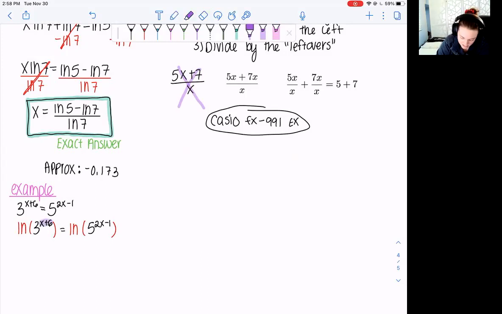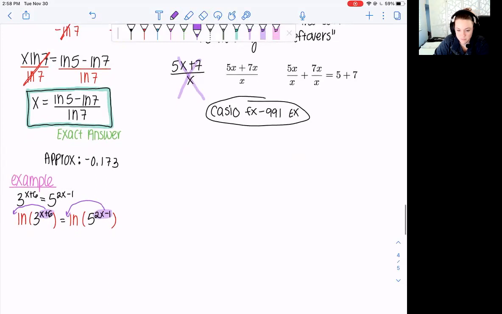Next step is taking that exponent and bringing her on down. When you bring down the exponent, parentheses are important.